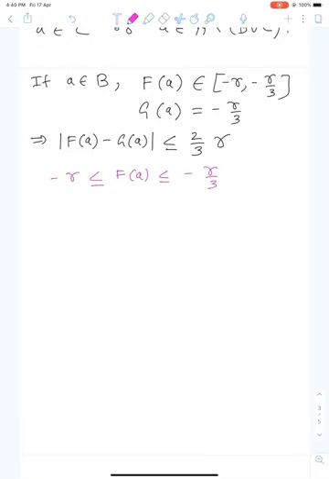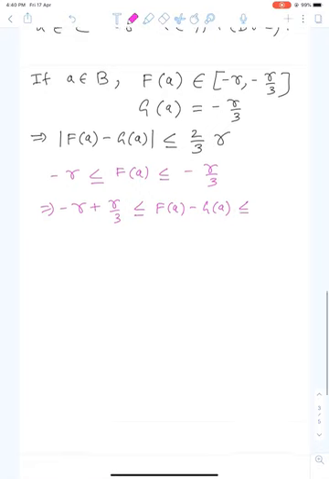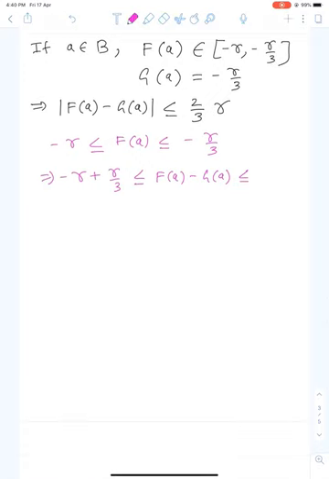Now since g equal to minus r by 3, that implies minus r plus r by 3 less than or equal to f of a minus g of a, less than or equal to minus r by 3 plus r by 3. That implies minus 2r by 3 less than or equal to f of a minus g of a less than or equal to 0, right?